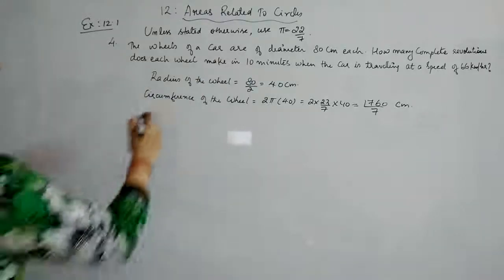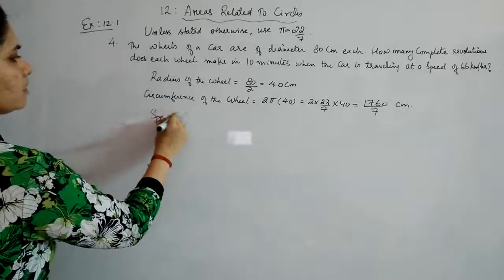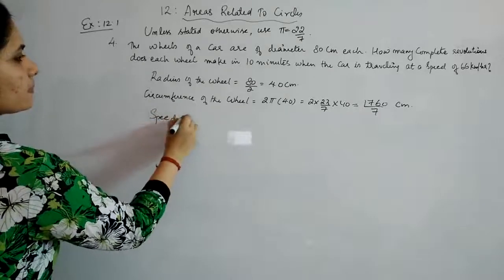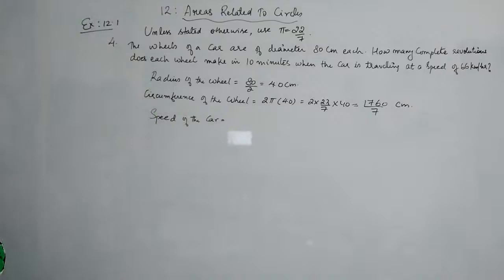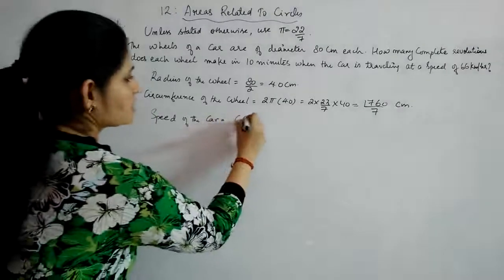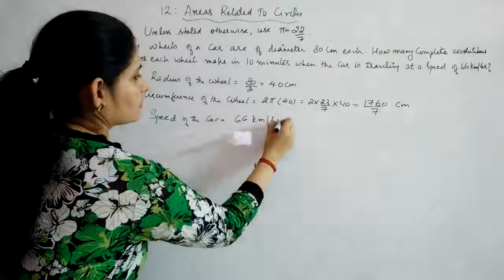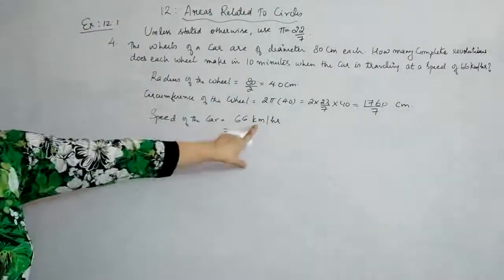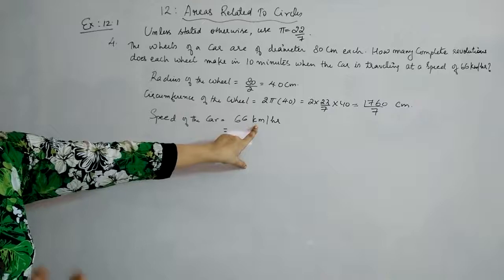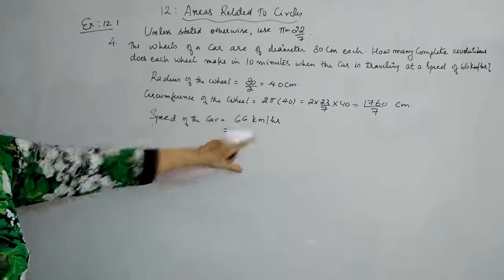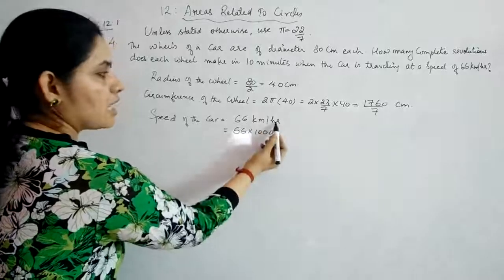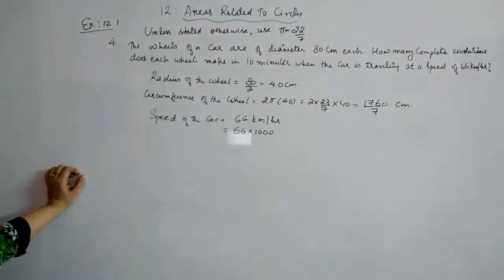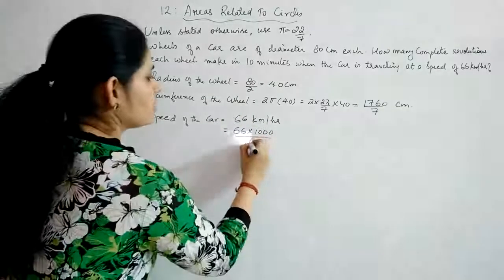So first we will start with speed. What is given is the speed of the car is equal to 66 km per hour. Now we change this: kilometer changed to meters will give you 66 into 1000, and hours into minutes, so it will become by 60.